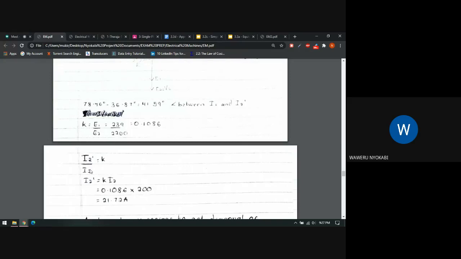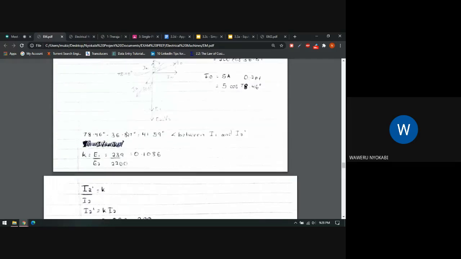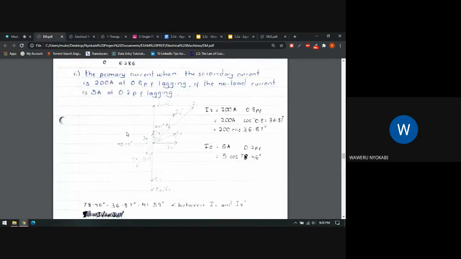Instead of I1 over I2, it's usually I2 prime over I2, and remember I2 prime is on the primary side, I1 is equal to K. So you might be asking, why is it that we don't say I1, because I1 is I naught, it has a component of I naught and has a component of I2 prime. So I'm going to quickly take you through the reason why.